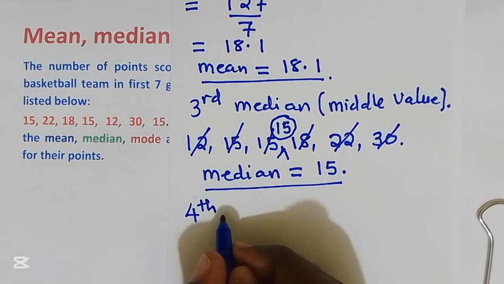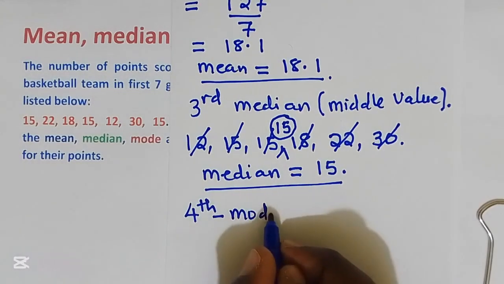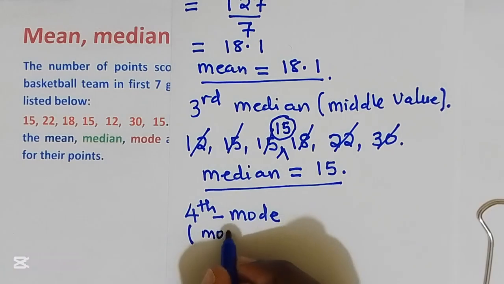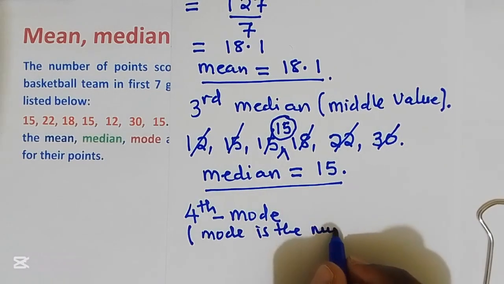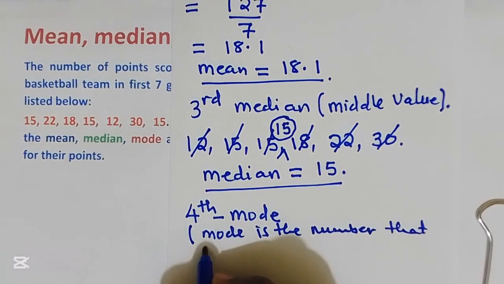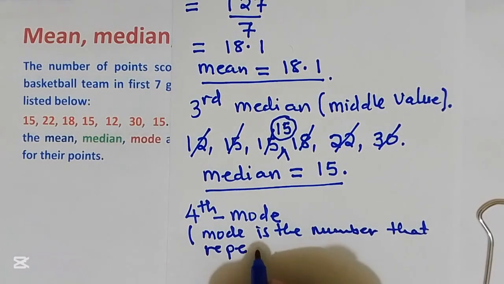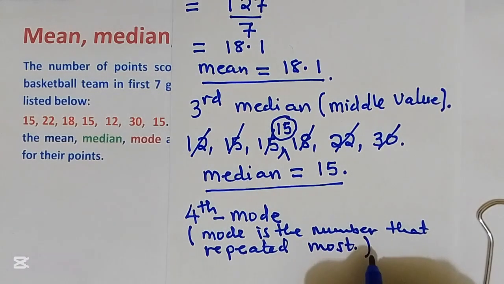Fourth, let's look for mode. Mode is the number that repeated most.